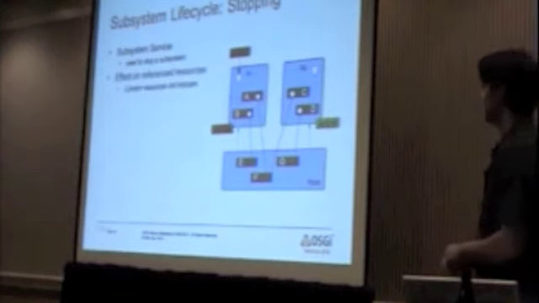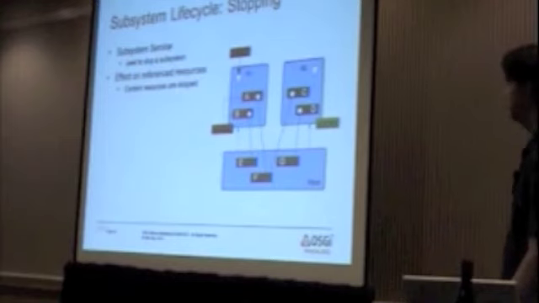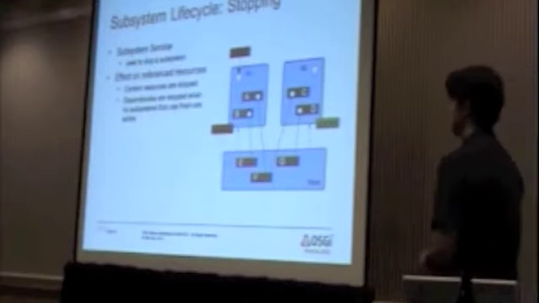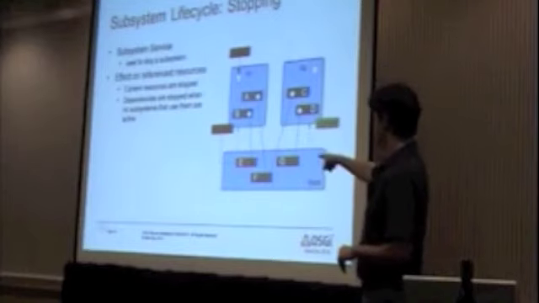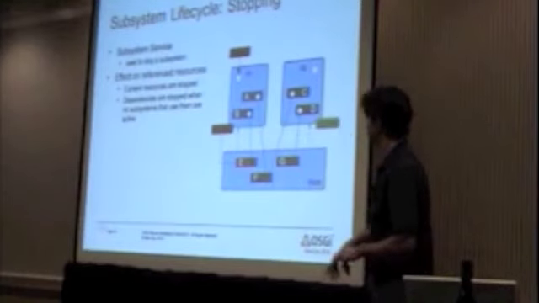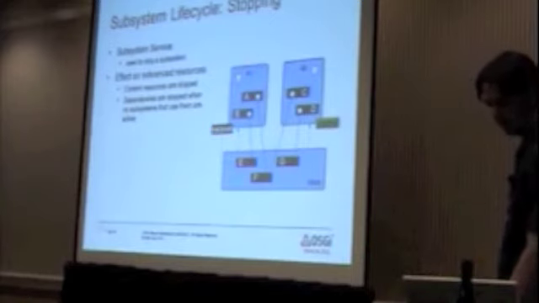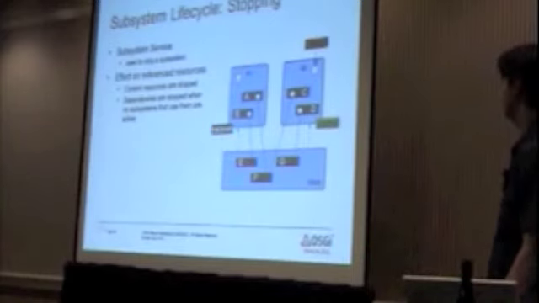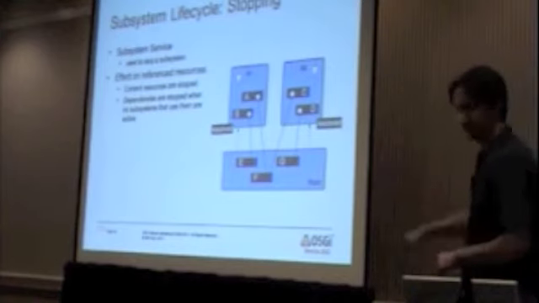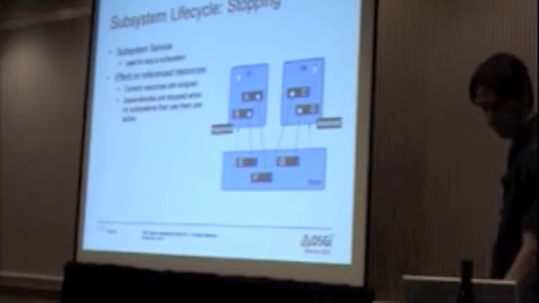Stop is the next step, and as you might predict, it's pretty much the opposite of start. It stops the content bundles, and then any resources referenced. In this particular case, F is still referenced by the active subsystem A2, so it doesn't stop it when you stop A1. But if I stop A2, then it's going to stop the rest of the resources.